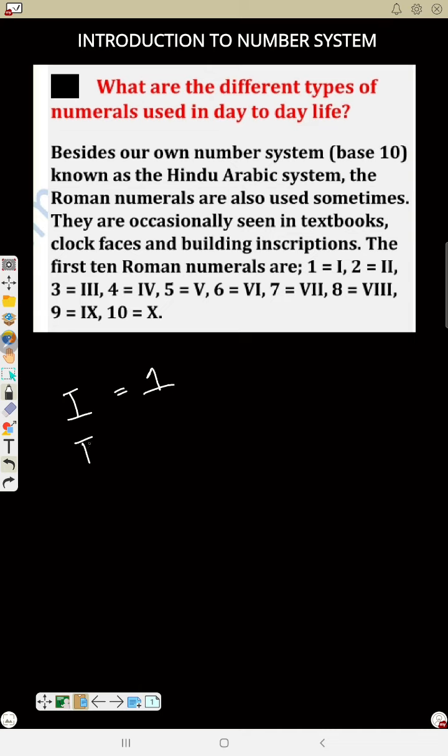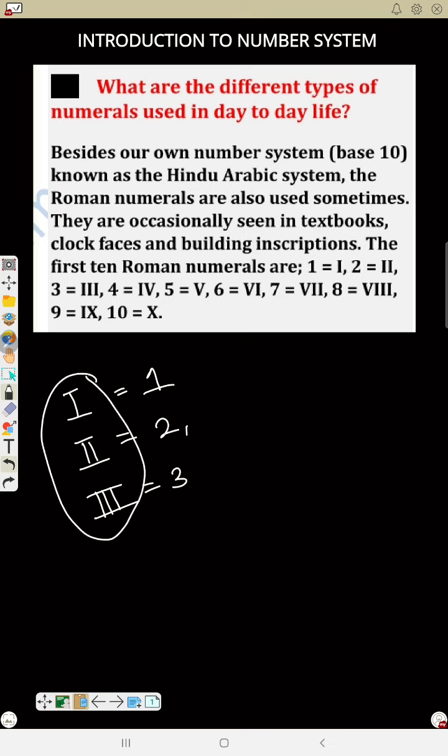II, that is number 2. III, that is number 3. So all these are Roman numerals. IV number 4, V number 5, VI number 6, VII number 7, VIII number 8, IX number 9, X number 10.